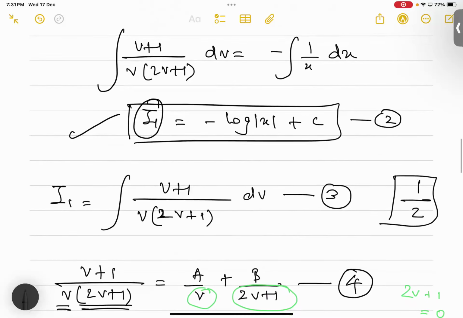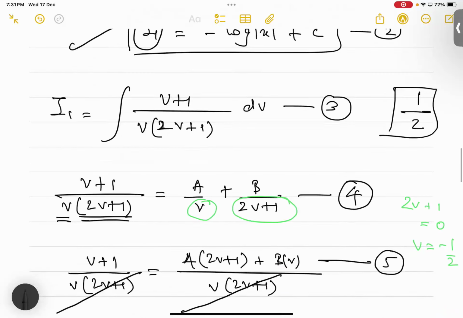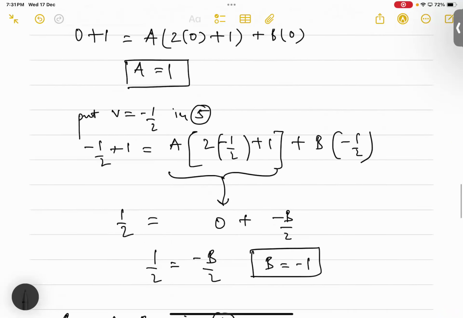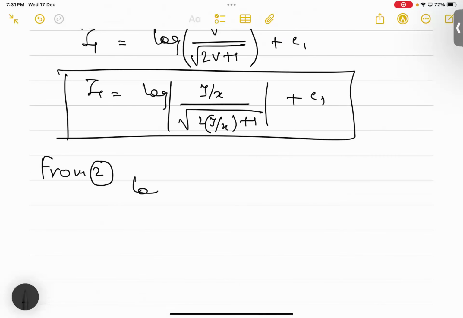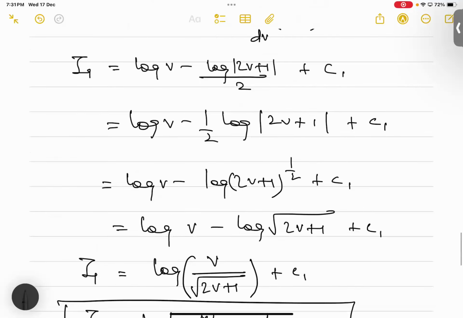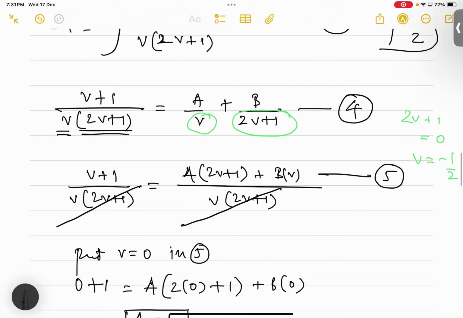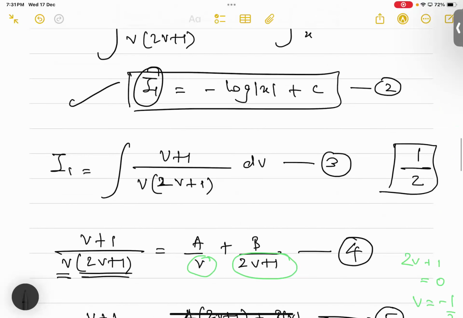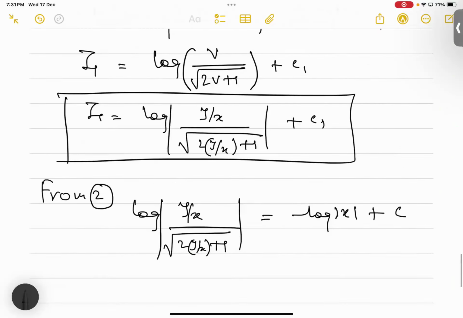That's fine. So from 2, I1 is log y upon x equal to minus log x plus c.